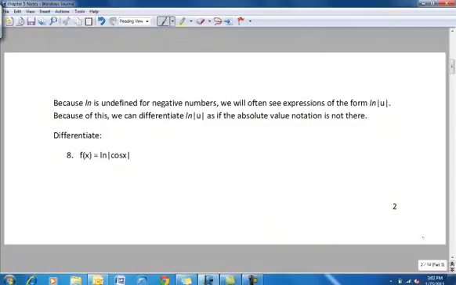So one of the things you might notice about example 8, of course, is the use of absolute values. And often that causes people some concern, like, oh my goodness, what am I going to do with that? Well, the truth is that ln, in and of itself, is undefined for negative numbers.